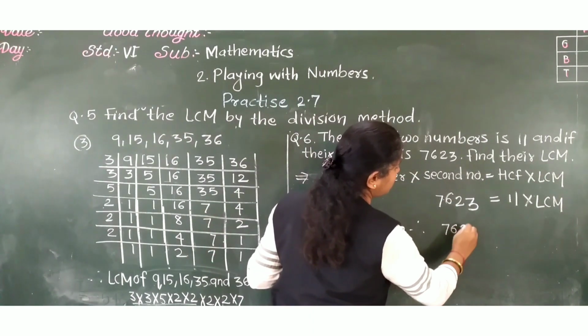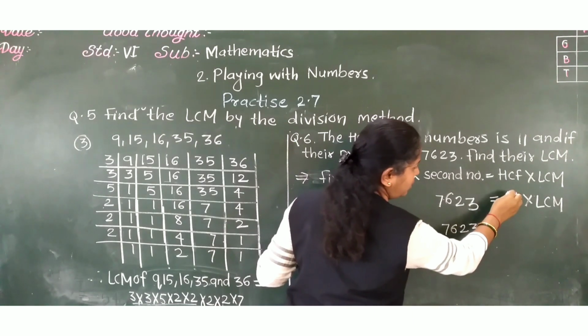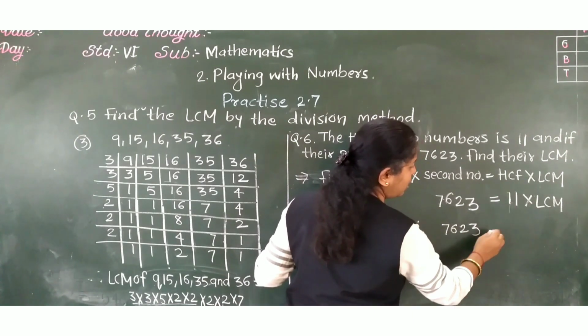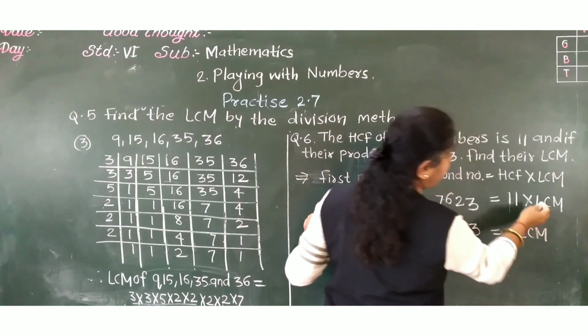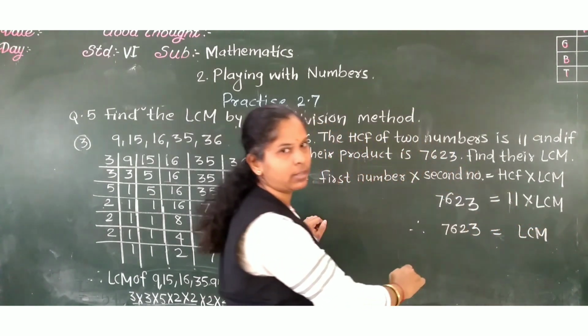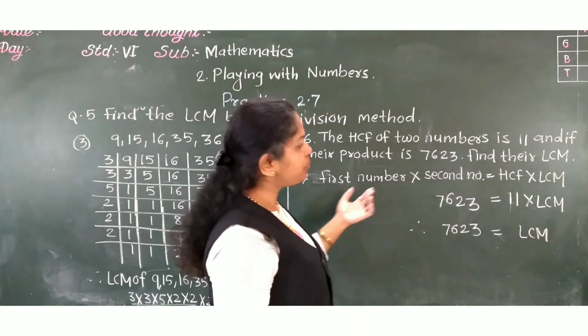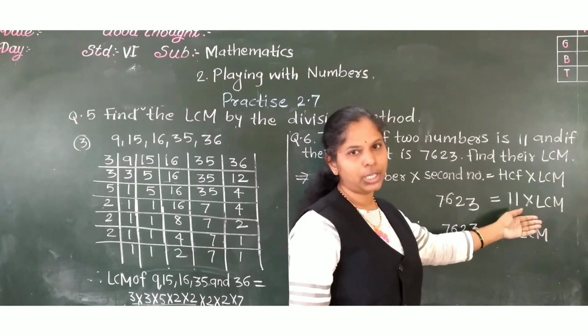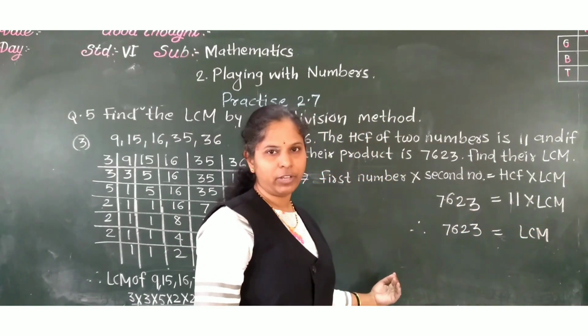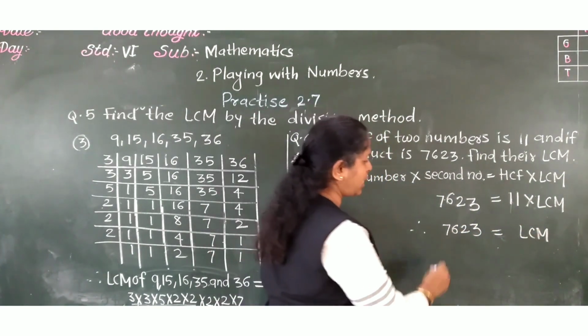So how to find out? Therefore, now this 11 is here for multiplication. We will shift it. LCM will remain there only, and we will shift 11 to this side. While shifting, what happens? Sign changes. 11 is here for multiplication. It will undergo division after changing the sign.